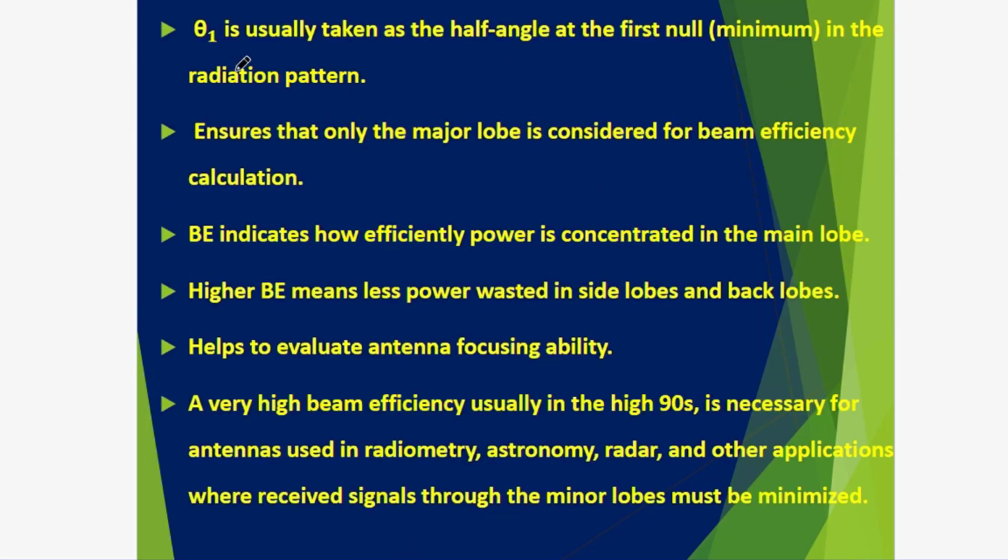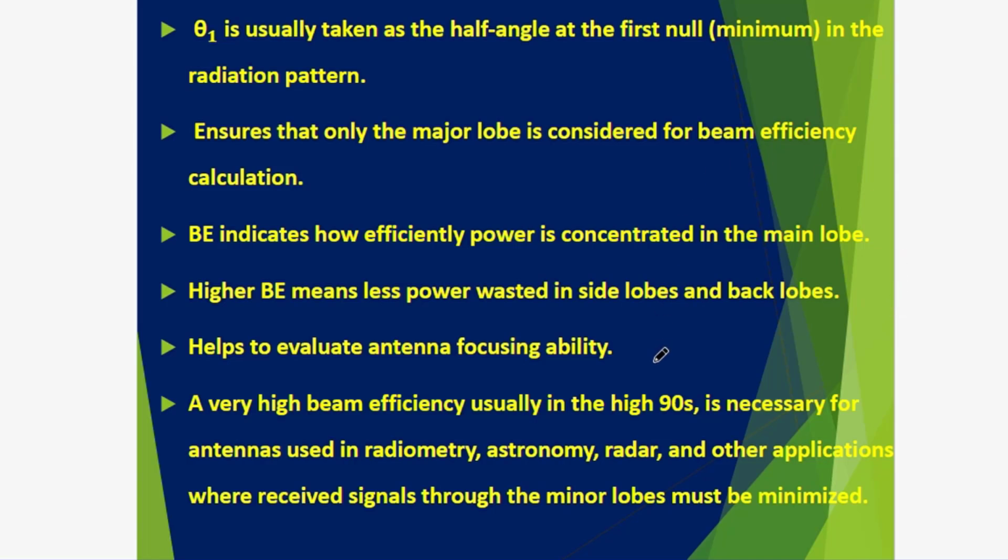Now some points regarding beam efficiency. θ1 is usually half of the first null beam width. While calculating θ1 you have to consider only the main lobe or major lobe, and BA indicates how efficiently power is concentrated in the main lobe. Higher BA means less power wasted in side lobes and back lobes.